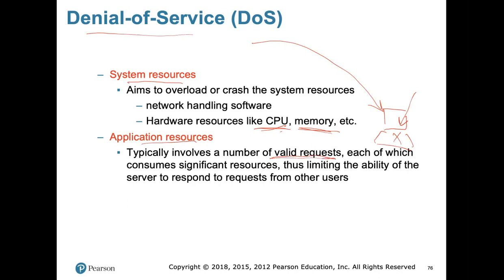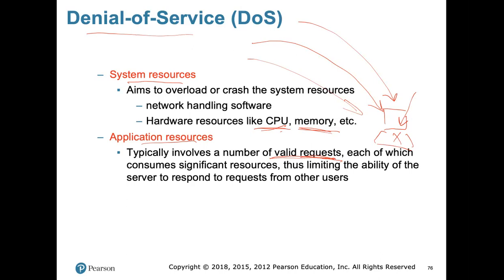The request itself is valid, but they send you a huge number. I'll show you one of these. The system is now overwhelmed with a huge number of valid requests which it is supposed to respond to, so probably it will not be able to respond to all of them.